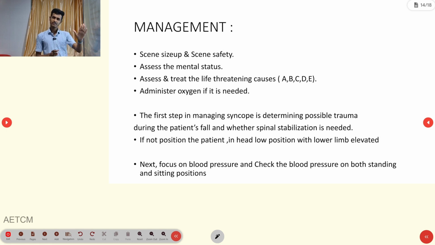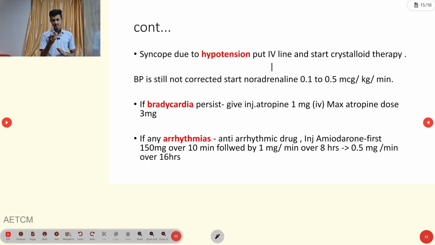If we suspect trauma, then you have to manage with manual inline stabilization. If not, we can position the patient head down with the lower limbs elevated. Next you have to focus on the blood pressure. If orthostatic is ruled out and the person is stable, we can take the blood pressure.